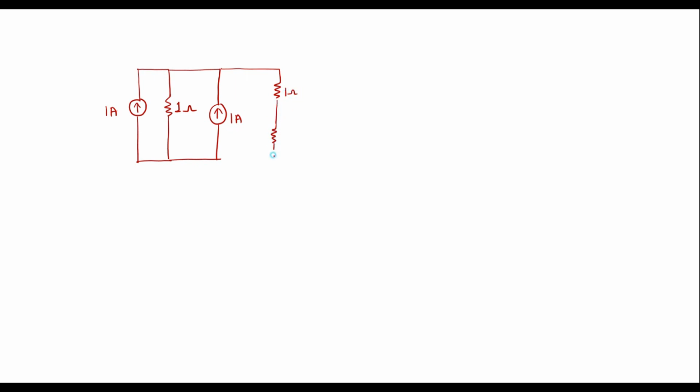Here one more resistor, that is 1 ohm. So here we have a voltage source and we have a resistor. This is 2 volt, this is 2 ohm. Here we have 1 ohm. Here we have 1 ohm. So this is I.